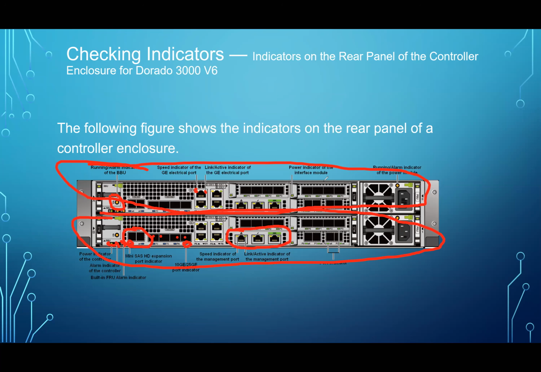Then we have the interface modules. Each controller, as you can see, has 2 modules, and you have here the power indicator of these interface modules, and again the indicator for each port, whether the port is connected or not. On the very right side of the controller enclosure, you have the running and alarm indicator for the power module. So these are mainly all the ports and all the indicators of Dorado 3000 V6 on the rear panel.